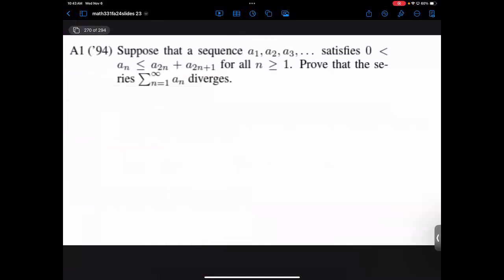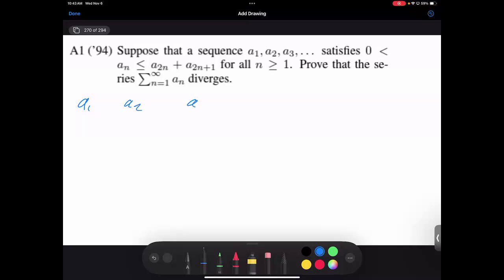So one thing is to start looking at numbers and just writing them down. So we have A1, A2, A3, A4, A5, A6, A7, A8. And we know A1 is less than or equal to A2 plus A3.